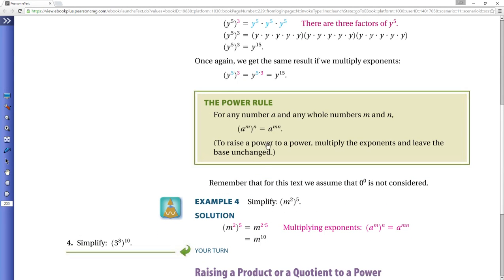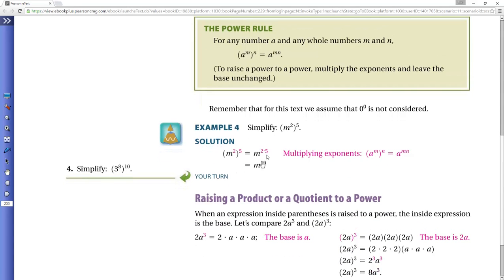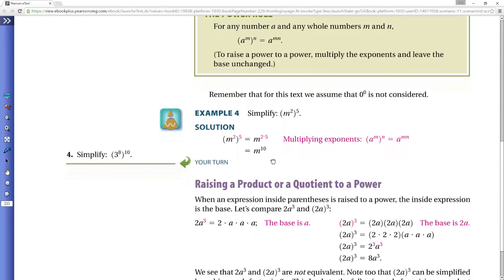Okay, so an example of that again: if I have m squared to the 5th power here, that's the same as m to the 2 times 5, or 10th power.